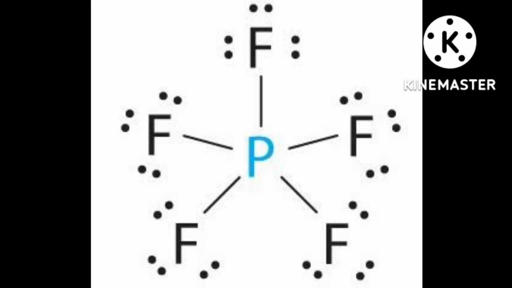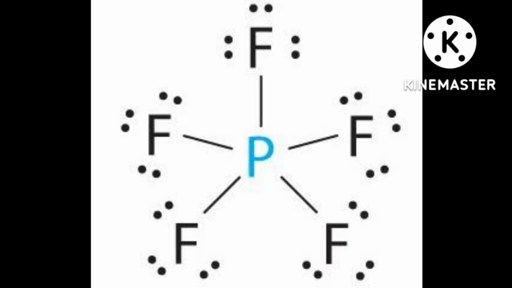In a number of compounds of these elements, there are more than 8 valence electrons. Now I told you that sometimes the octet will not be completed, incomplete meaning less than 8. Now in this case, more than 8. That's why it is called expanded octet, because they have more than 8 electrons in the central atom.